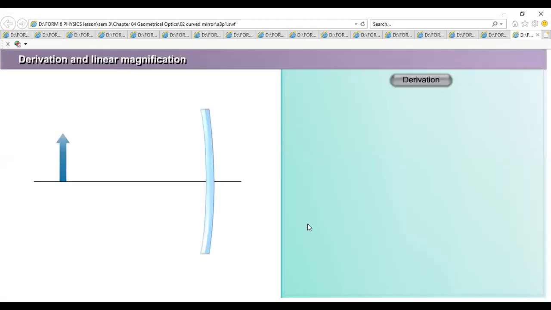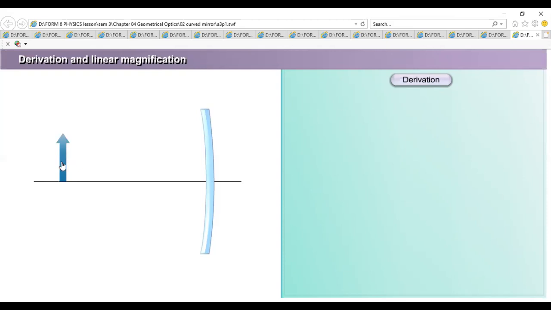Let's go through the diagram. What is meant by linear magnification? Linear magnification means the enlargement, the ratio of the enlargement of the image. The image becomes bigger or the image becomes smaller.